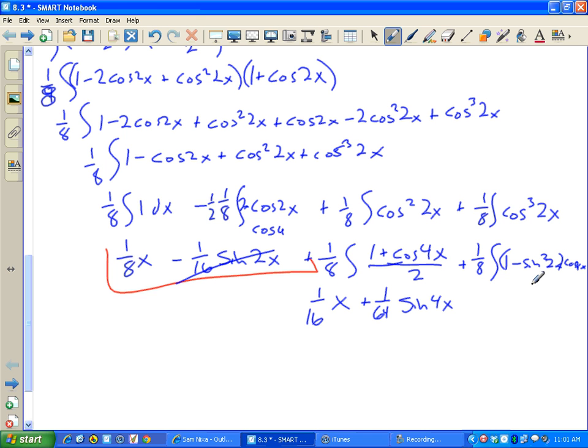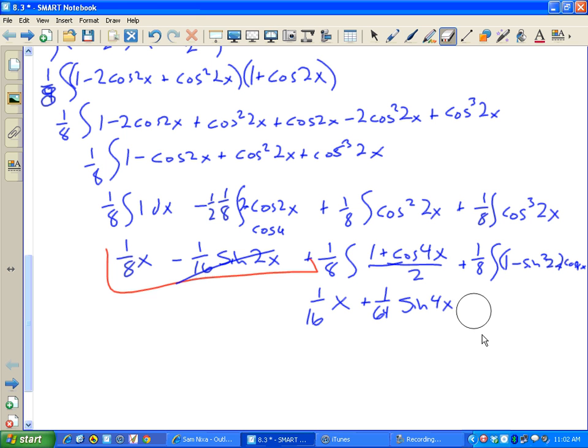And then the other part that I'll have is of sine squared 2x cosine 2x dx, which is u squared du. So pull this minus out. This is minus 1/8. Actually, my du would be, I'm going to need a 2, so that's going to turn this into 1/16.